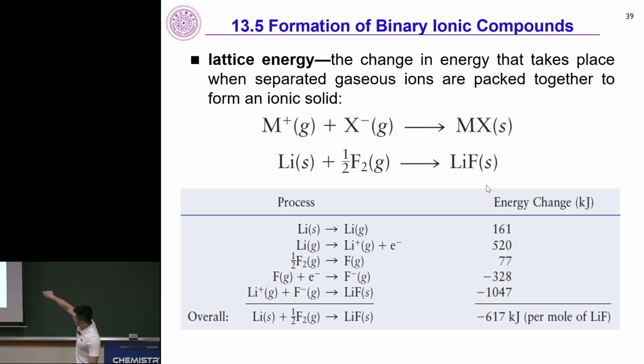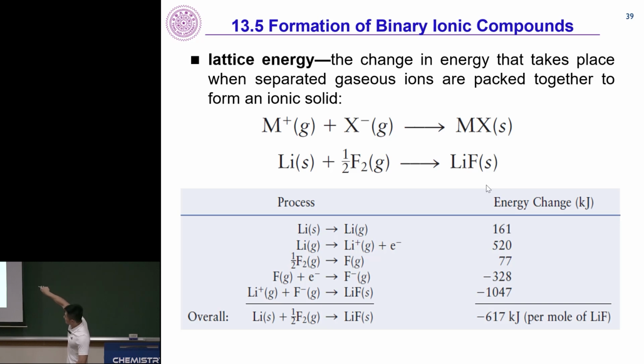So if you just look at this example here, lithium solid, right? Lithium is a piece of metal, and fluorine gas. Well, to balance the stoichiometry, you only need half an equivalent of fluorine gas. This reaction is not the lattice energy. But it also contains lattice energy if you break the process out into different steps, right?